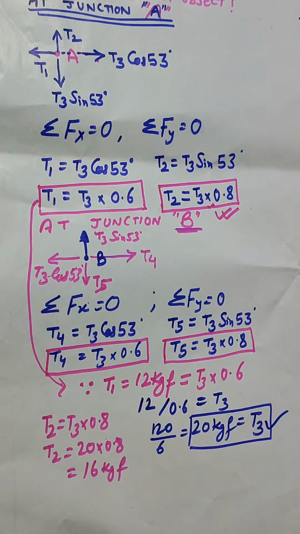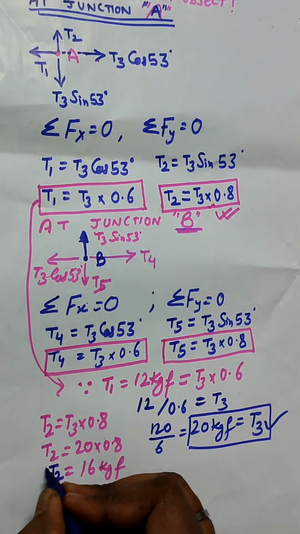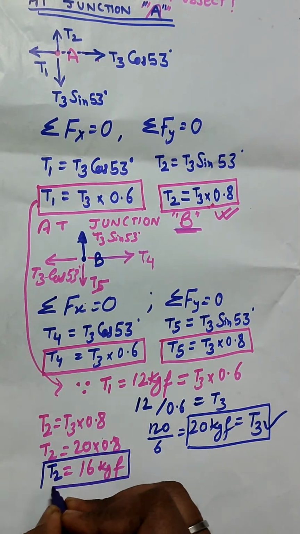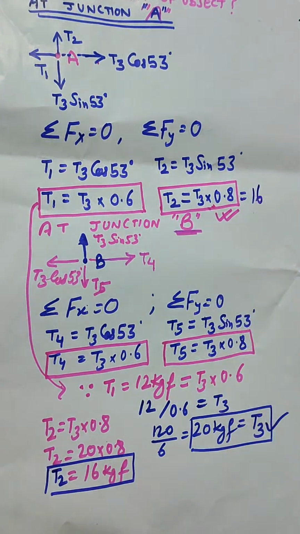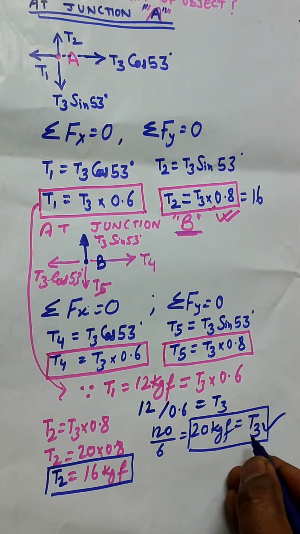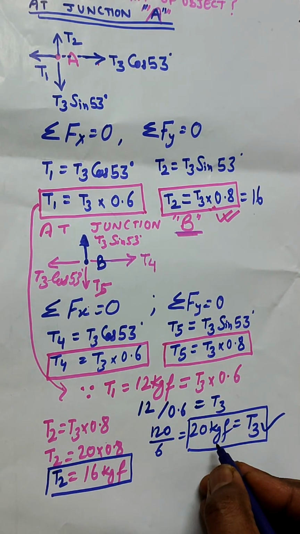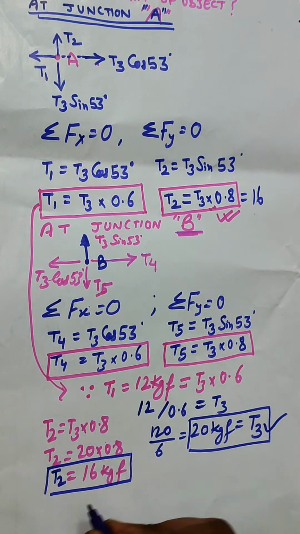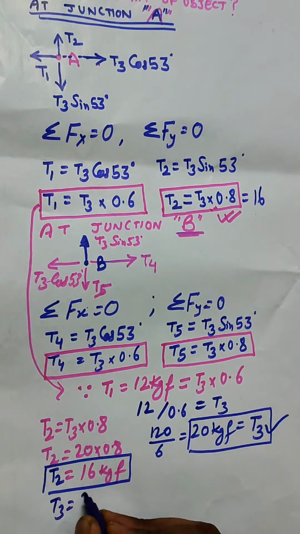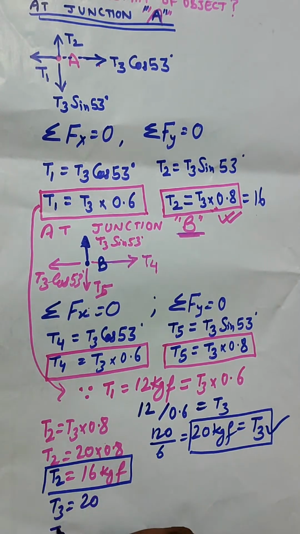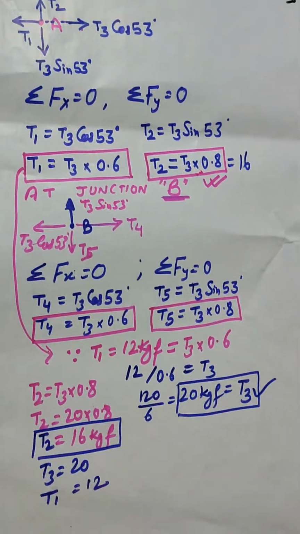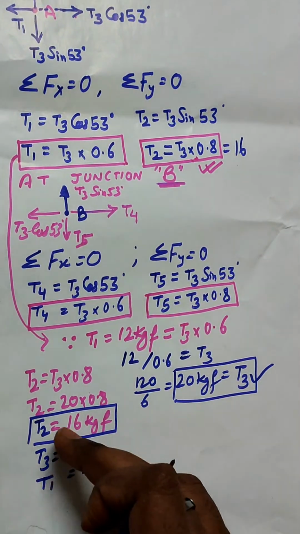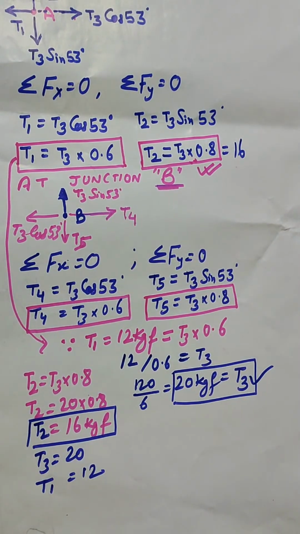So the tension in rope 2 is calculated as 16, T3 is calculated as 20, and T1 is known to you, that is 12. So all these values, T1, T2, T3, are calculated.